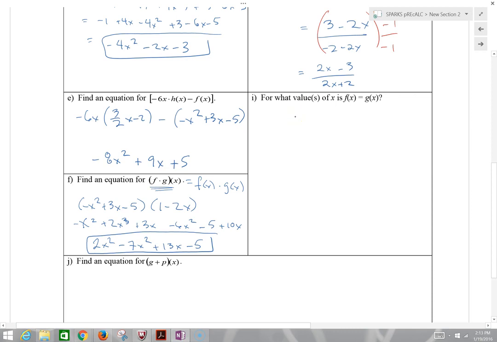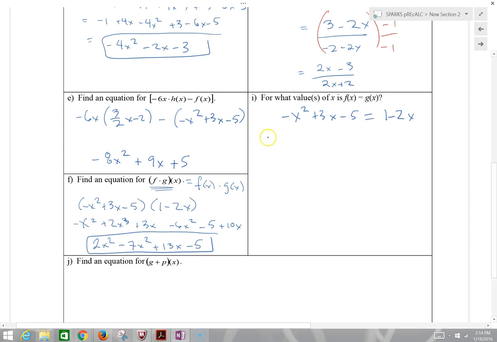For part I, we want f of x equal to g of x. So we have f of x, which is negative x squared plus 3x minus 5. And we want to know when that is equal to 1 minus 2x. This is a quadratic, so we're going to get everything on one side and set equal to 0. I prefer positive x squareds, so I'm going to move everything to the other side.